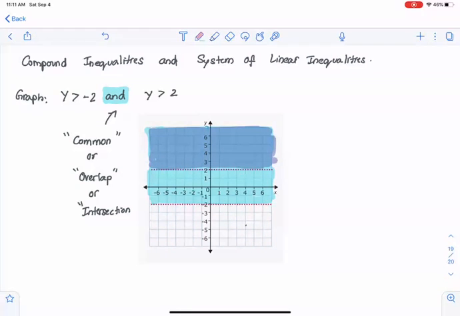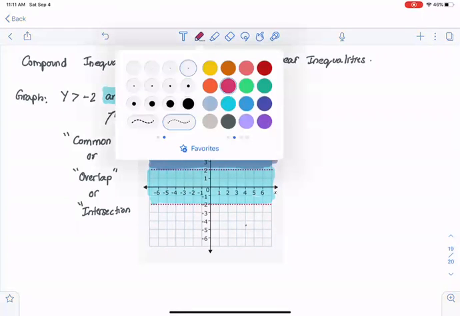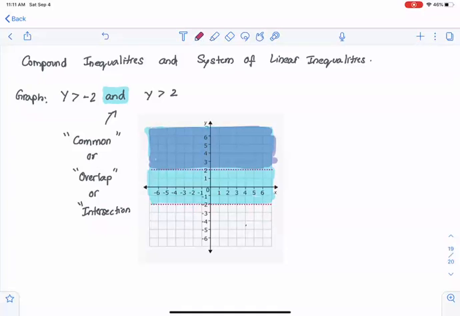So the overlapping part is the one that got shaded twice. So points here will satisfy the given statement. And we call it a compound inequality because we have more than one inequality.